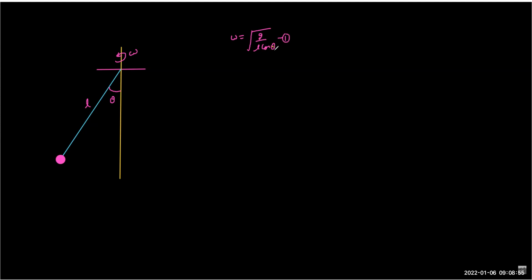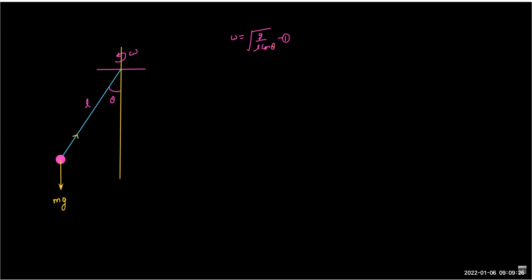Okay. So today I'll try to derive this formula using a really tough method, which is really lengthy. Anyway, so we have this object, and now if we talk about the forces, then this is the weight, and the other force is the tension force. We know that these are the only two forces available.